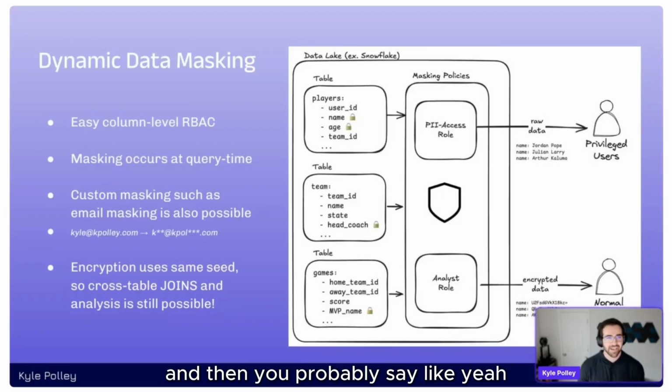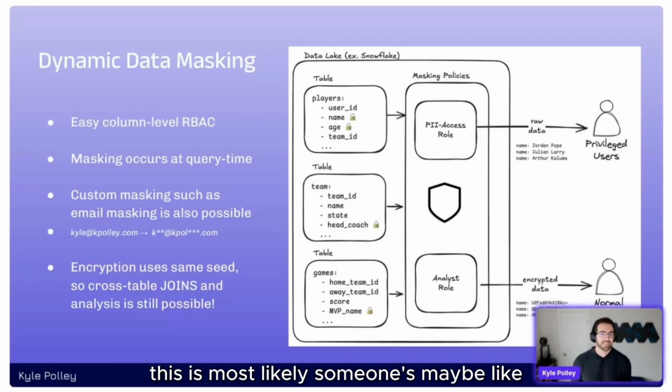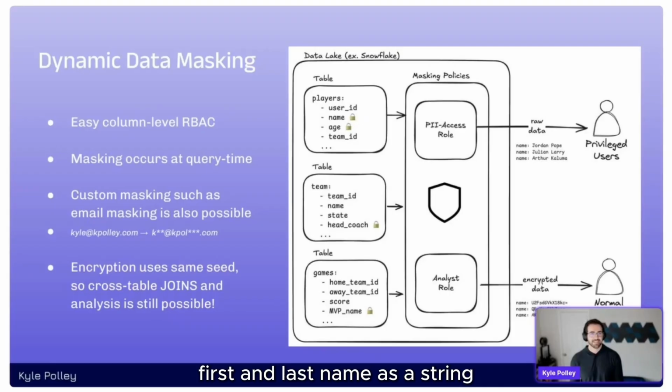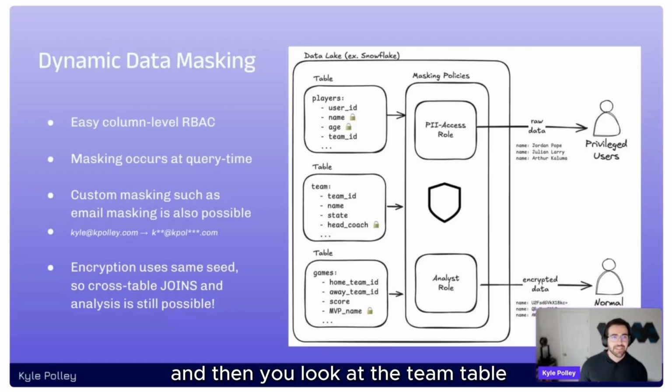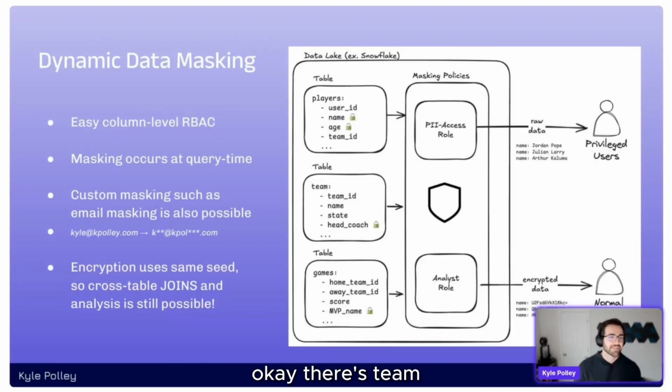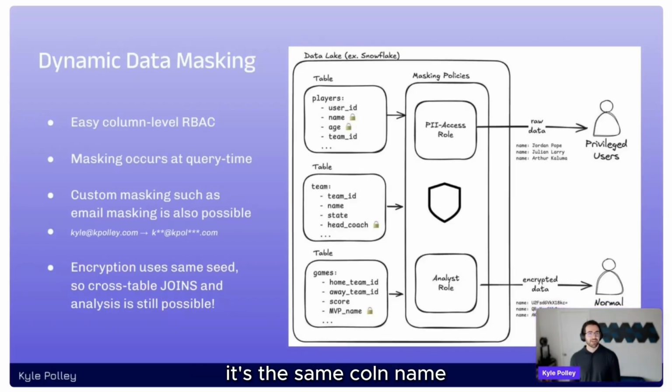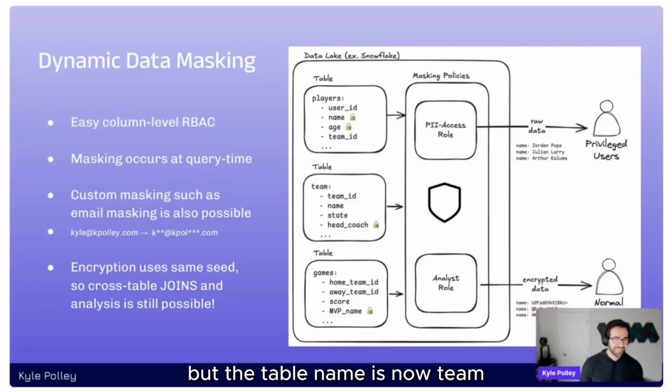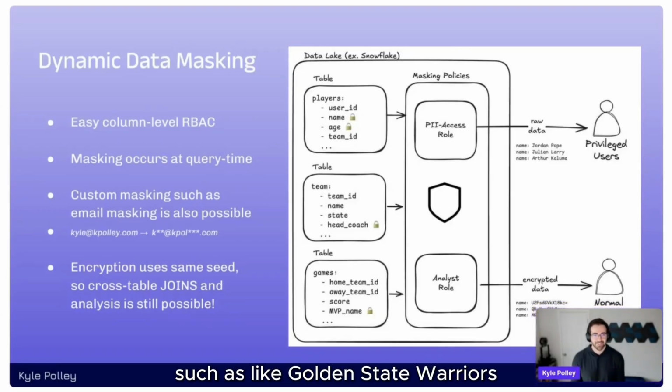You'd probably say yeah, it's the players, there's age next to it, so this is most likely someone's first and last name as a string. Then you look at the team table, and there's a column also called name. It's the same column name, but the table name is now team. So this probably isn't a person. This is probably a team name, such as Golden State Warriors or something.